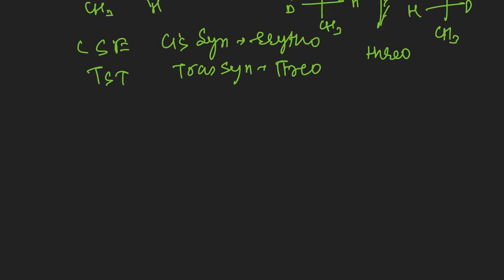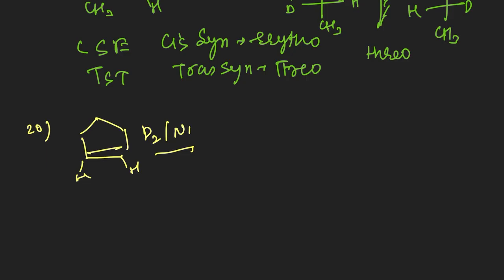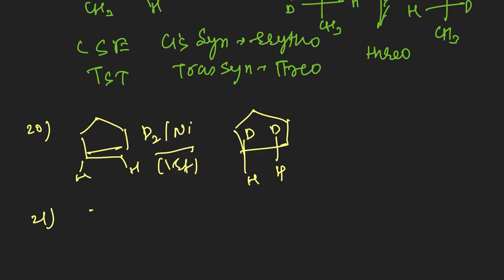20th problem. Hydrogen we have. When it reacts with deuterium and nickel, one equivalent, obviously one equivalent will react. So it will form D, D, H and H. 21st. Let's say we have CH3, D2 Ni.